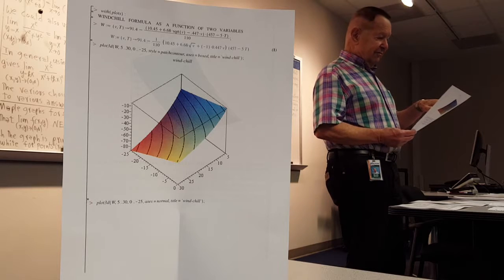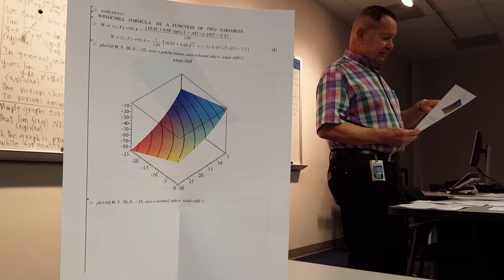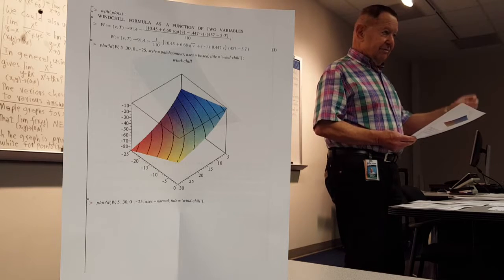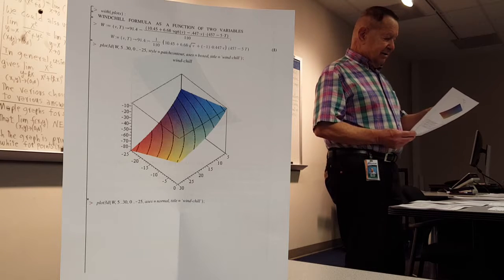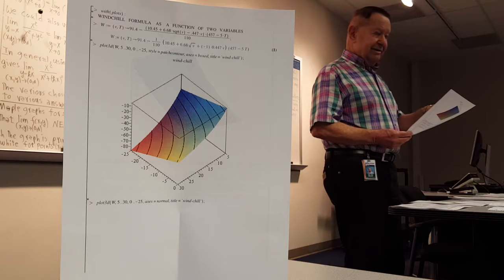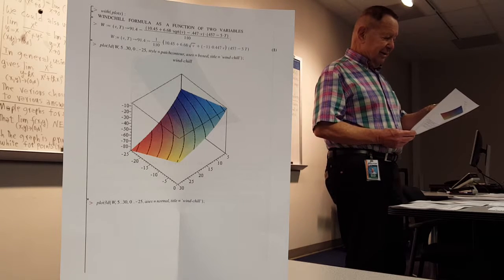There's V first and then T. So if you want a surface, you need limits from and to for each of your variables. So this is saying that V is greater than or equal to 5 and less than or equal to 30. And it's saying that T is greater than or equal to 0.